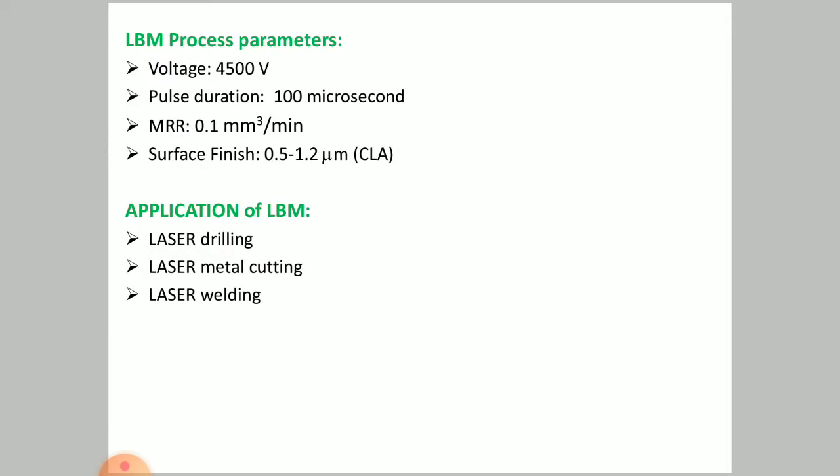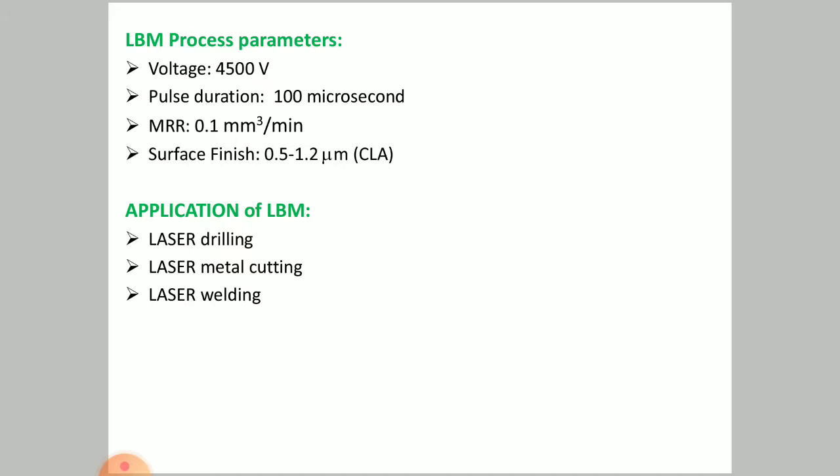Machining process parameters: voltage is 4500 volts, pulse duration is 100 microseconds, material removal rate is 0.1 cubic millimeter per minute. The surface finish achieved is 0.5 to 1.2 micrometer.